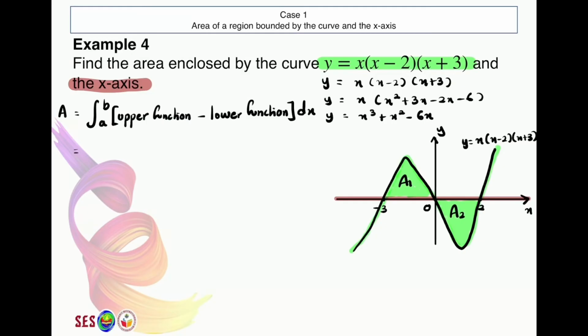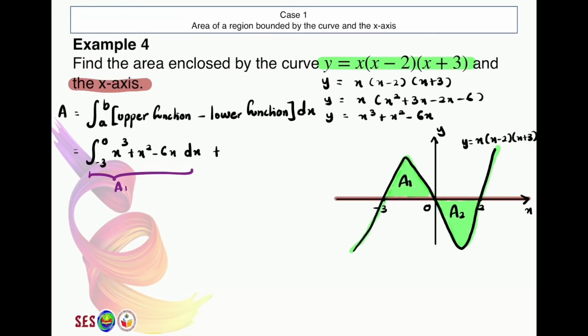To find the area, we would need to take the integral from -3 to 0, and the upper function would be x to the power of 3 plus x squared minus 6x. Our lower function is 0, so there's no need for us to write the lower function. Remember to write dx. This is for A1, and then we would need to add A2.